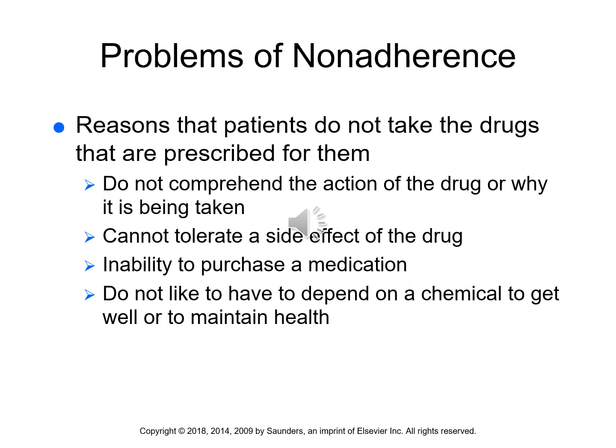Maybe they can't tolerate the side effects of the drug. Maybe it makes them sick. Maybe they don't have the ability to afford the medication, as we discussed before. Then is there a generic version of that drug we might be able to get ordered, or like I said, another med that will do the same thing?